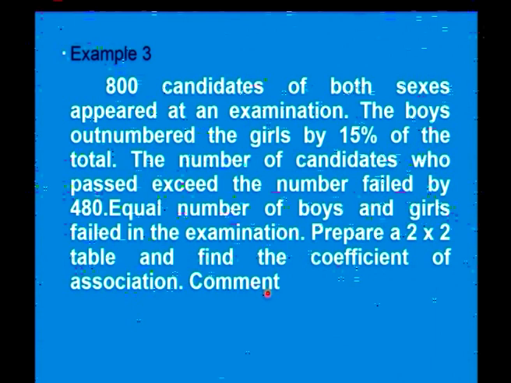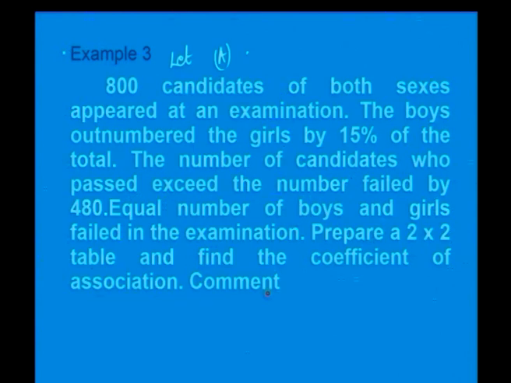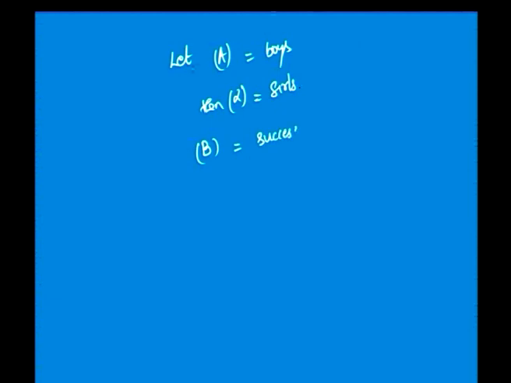So first of all we will describe what A is. A is represented by boys. One attribute is with respect to the sex, as I told you. So let A represent boys. Then alpha will represent girls. Okay. So next, B represents successful candidates.